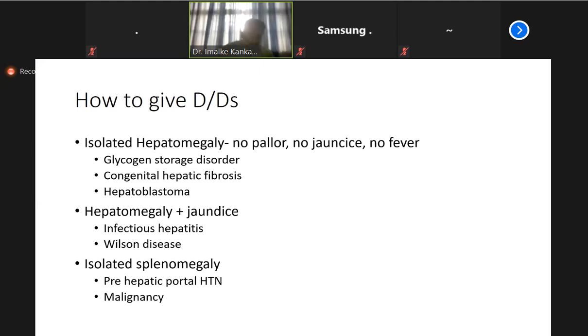Tailor-make, I mean, customize these differential diagnoses to your particular patient. Now, never ever come and say malaria, kala-azar, ITP to a huge splenomegaly. So don't mention that kind of diagnosis, right?